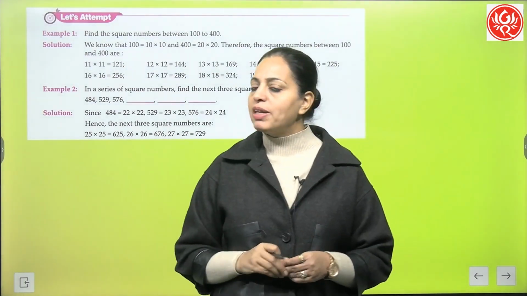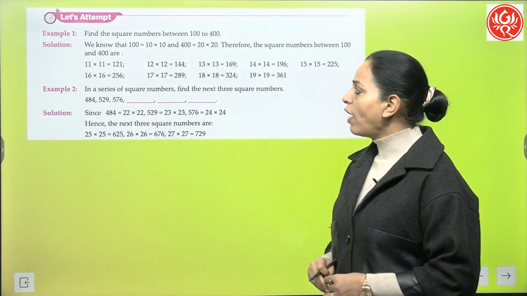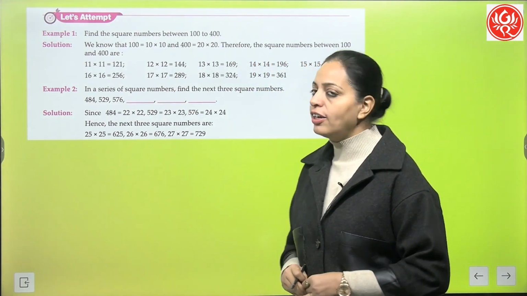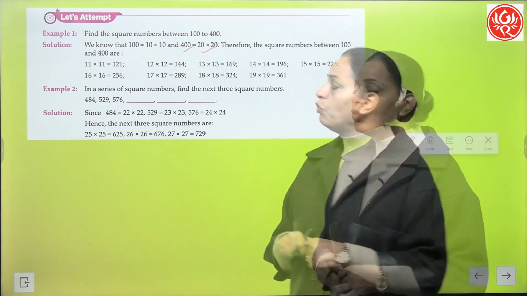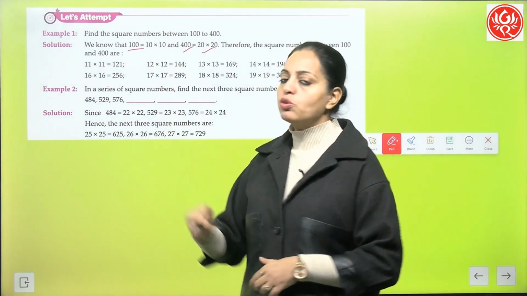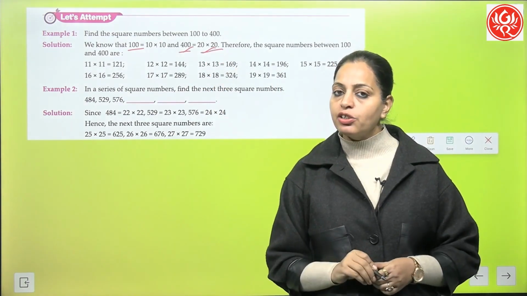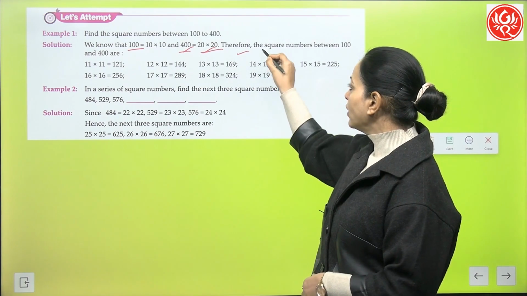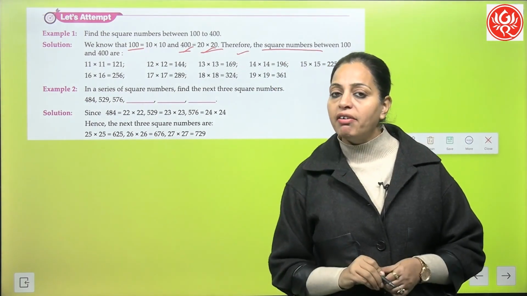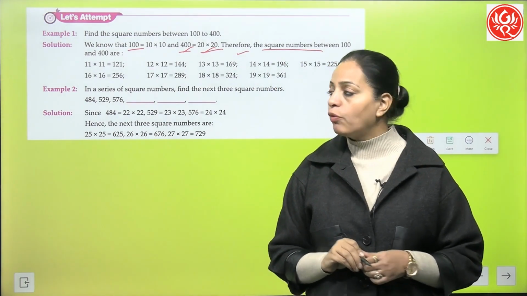Now let us attempt some examples. Example 1. Find the square numbers between 100 to 400. We know that 100 equals 10 into 10 and 400 equals 20 into 20. So therefore the square numbers between 100 and 400 are what?